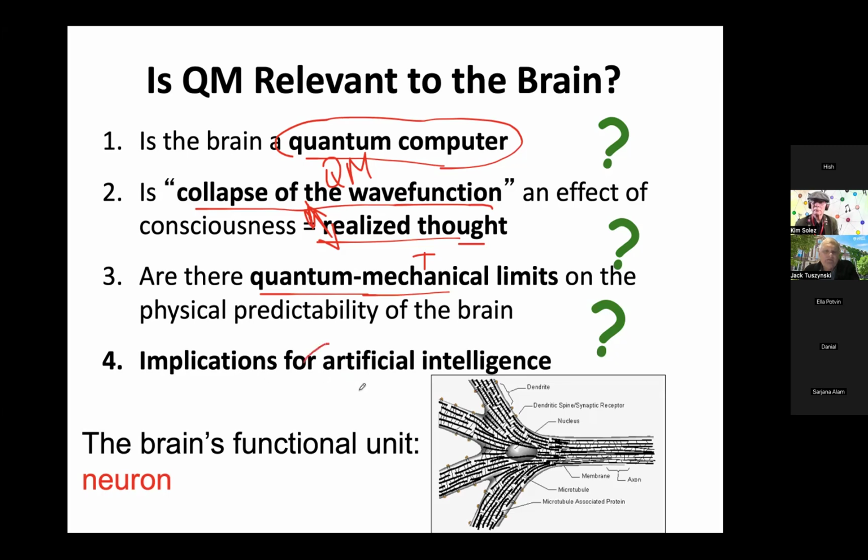This also leads to some implications for artificial intelligence. As you probably know, for now I don't know of any artificial intelligence algorithms that utilize quantum processes, which would empower it incredibly.